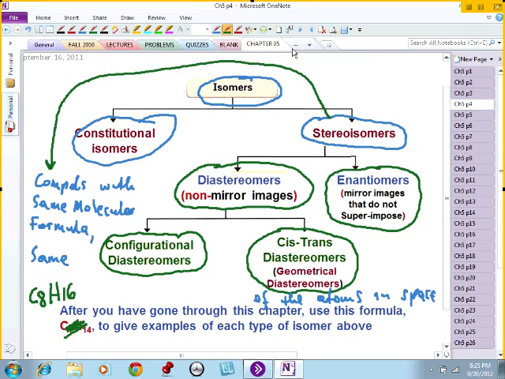Yes, go ahead. The difference between resonance and isomers is that isomers is different configuration and resonance is different... No, resonance has nothing to do with isomers. When you write resonance, you are dealing with the same molecule, the same compound.